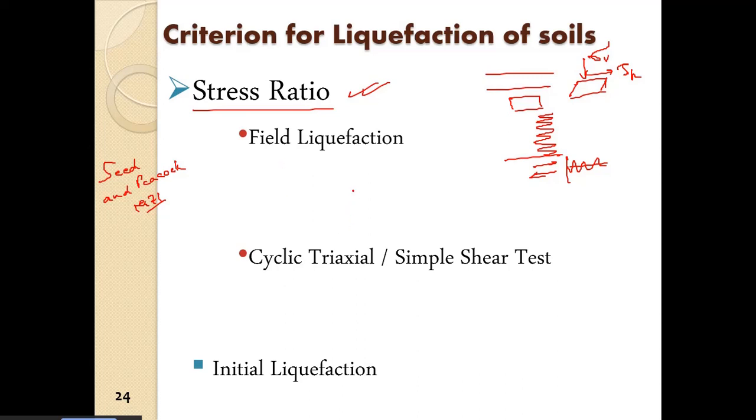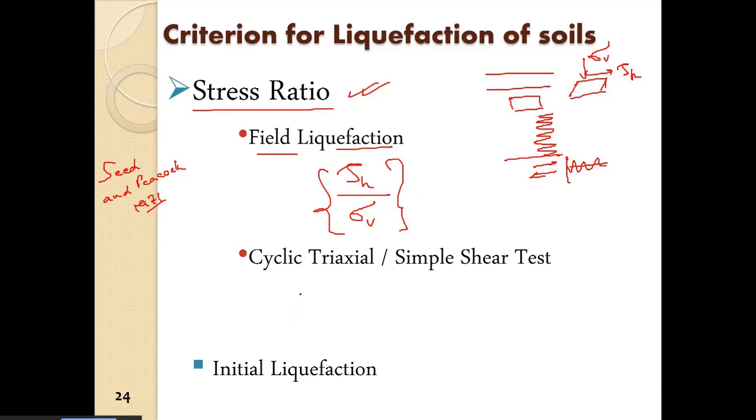Obviously, first of all, for the field liquefaction state, they defined the ratio as shear stress in the horizontal direction by the vertical stress. Now, in case of simple shear, this holds.